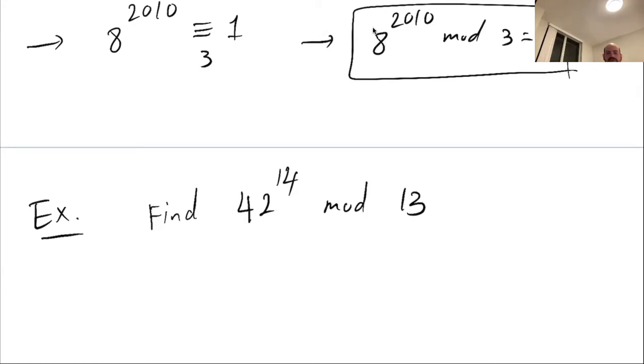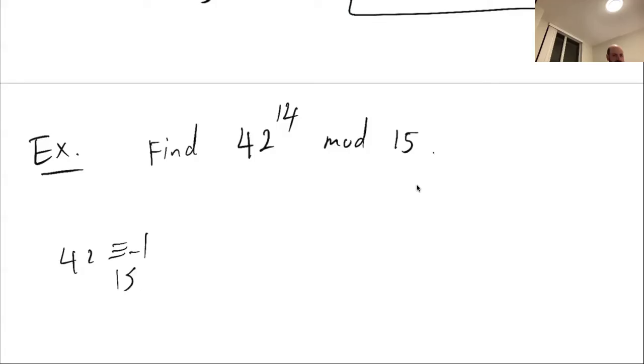So let me stop sharing and share again. Yeah. So 42 congruent to 1 is not true. The difference between 42 and 1 is not divisible by 15. The difference between 42 and -1 is not divisible by 15 either.